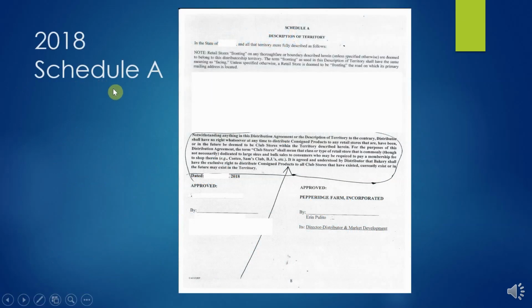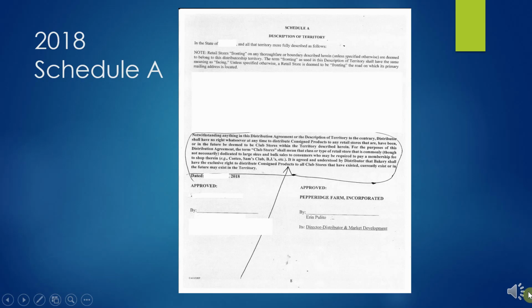In 2018, Schedule A now includes a little waiver. Let's go over the waiver real quick. It says, notwithstanding anything in this distribution agreement or the description of territory to the contrary, distributors shall have no right whatsoever at any time to distribute consigned products to any retail stores that are, have been, or in the future are deemed to be club stores within the territory described herein.